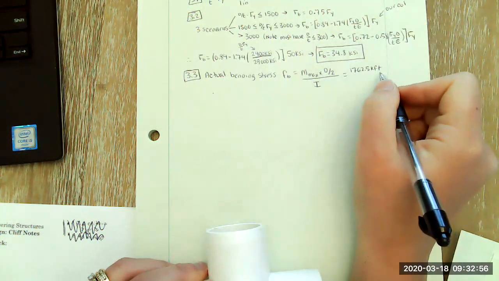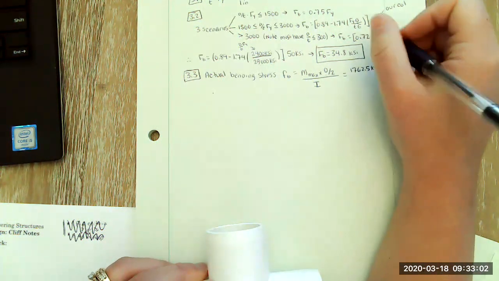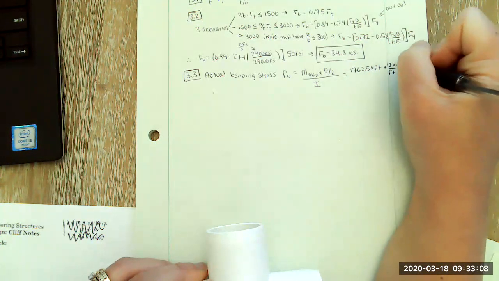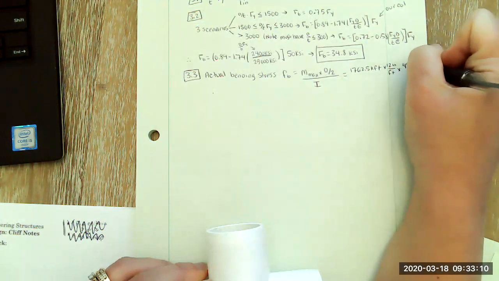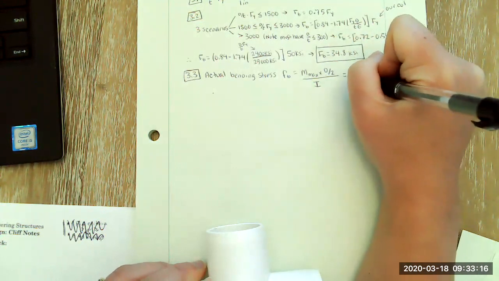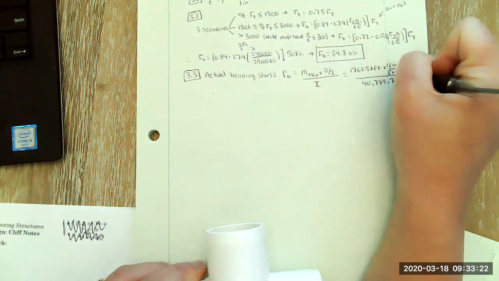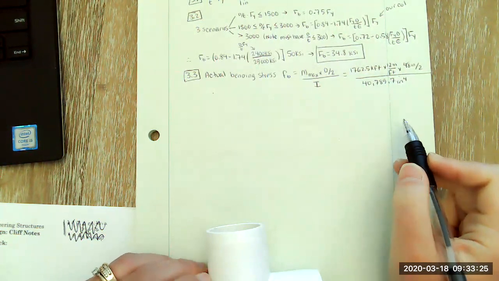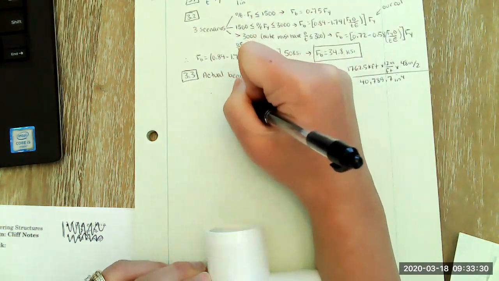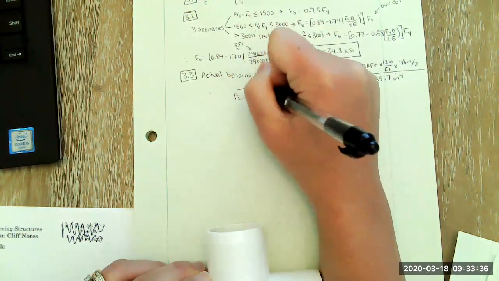Remember to be careful with your units. Since D is in inches and I is in inches to the 4th power, let's convert this to kip inches. So times 12 inches per foot times D over 2, which is 48 inches over 2, all divided by our moment of inertia, which is 40,789.7 inches to the 4th. We found that in step 2.1.2 when we found our radius of gyration. And so then our actual bending stress is equal to 12.4 KSI.